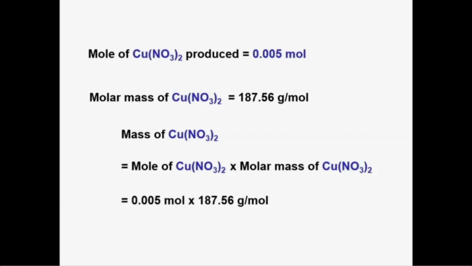So 0.005 moles times 187.56 grams per mole, and we are going to get 0.9378 grams of copper 2 nitrate. Okay guys, so that is the mass of copper 2 nitrate produced in this reaction.